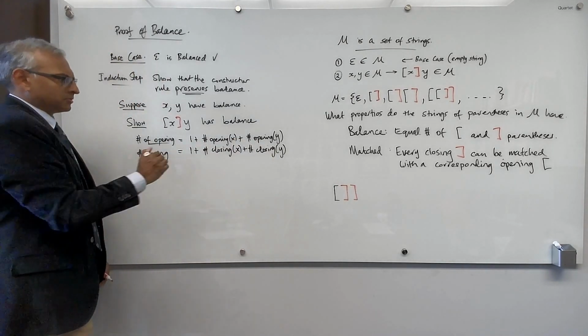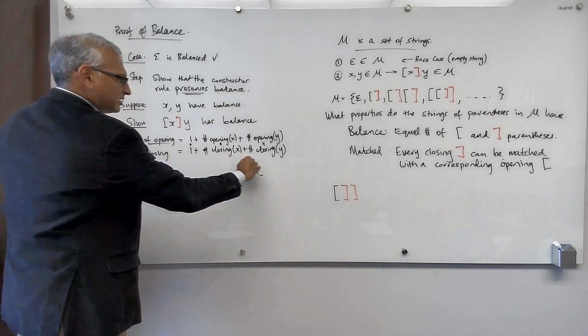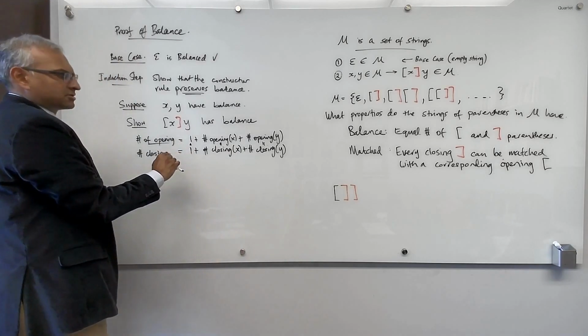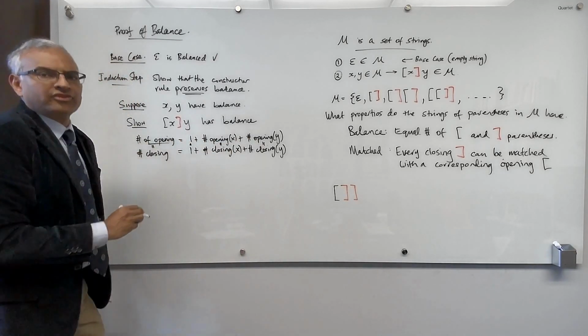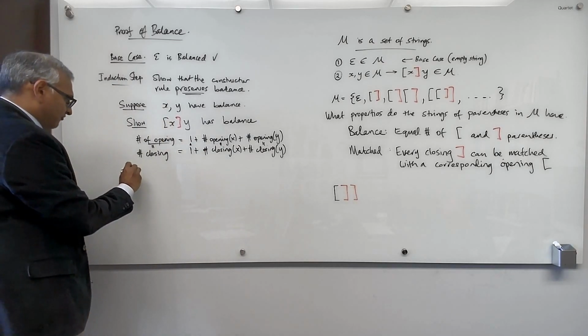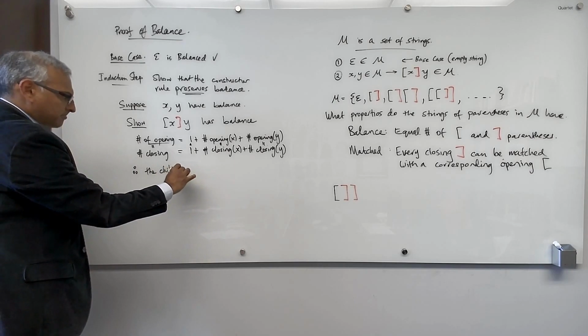Adding these three things gives the same result as adding those three things. So these two are equal, proving that the child has balance.